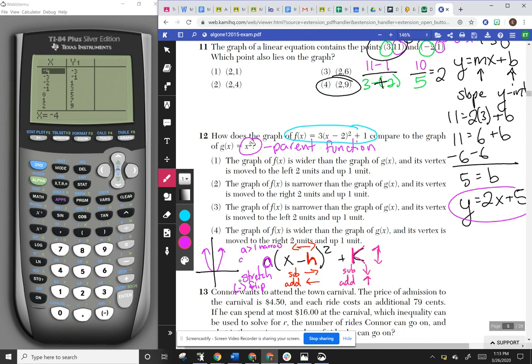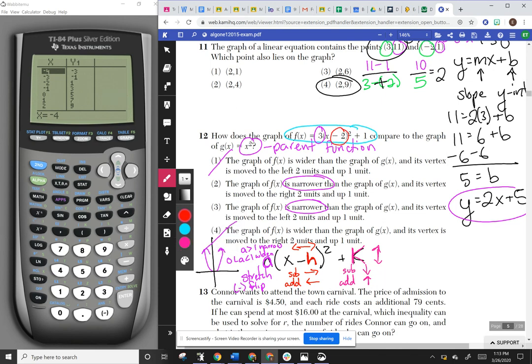And when a is between 0 and 1, it's going to widen. So since 3 is greater than 1, it's going to get narrow. So we're looking for the word narrow. So it's not 4 and 1.